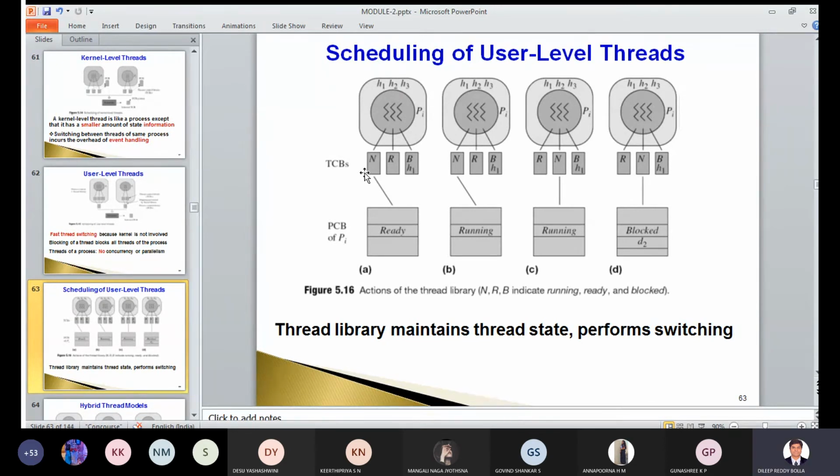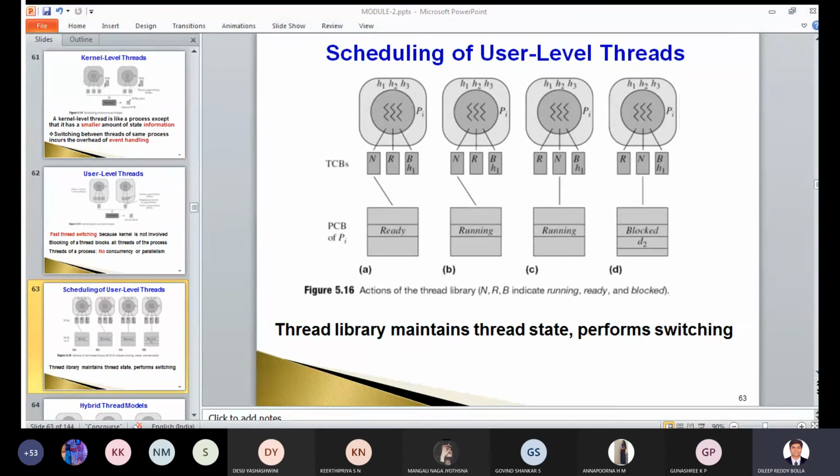So we can understand this thread is running and the process is ready. Whereas in case of P, thread H1 is running and the process is also running.